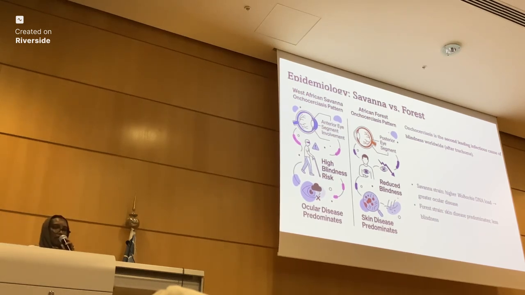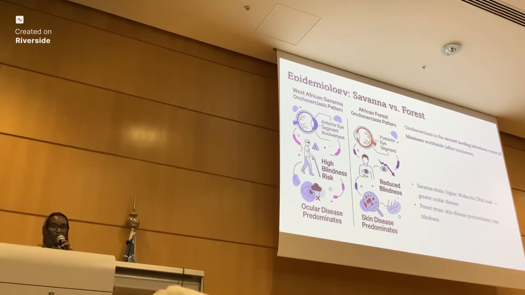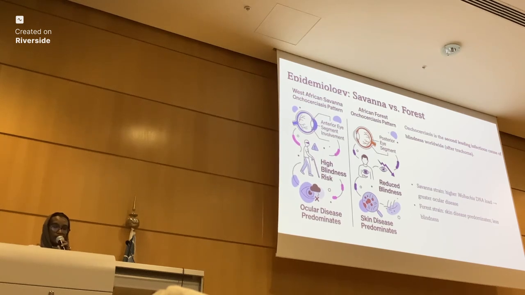The forest pattern mainly affects your skin, so it has nothing to do with the ocular. The West African savanna pattern is the one affecting the eye, so you are at higher risk of blindness or ocular disease. With the forest pattern, you are more likely to get skin disease.